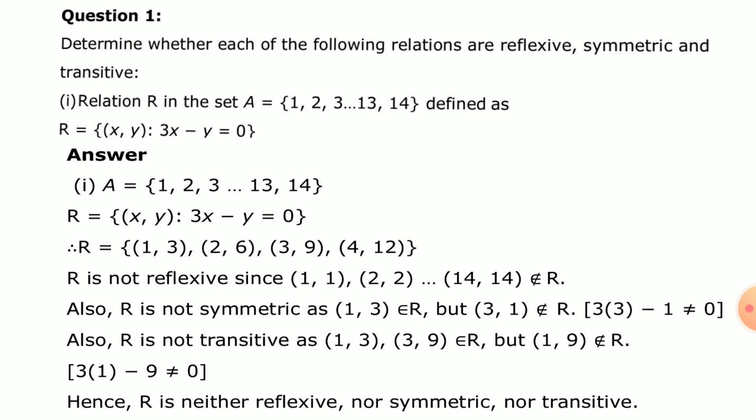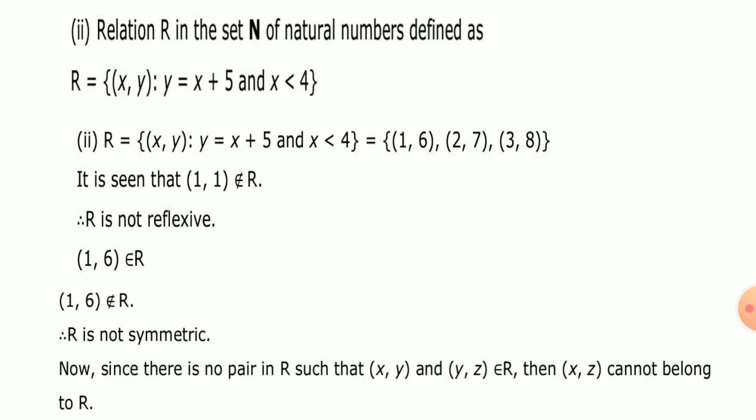Next, second one: relation R in the set N of natural numbers defined as R equal to the ordered pairs (x, y) where y is equal to x plus 5 and x less than 4. Here every x belongs to N, the natural number set. So x less than 4 means x equal to 1, 2 and 3.